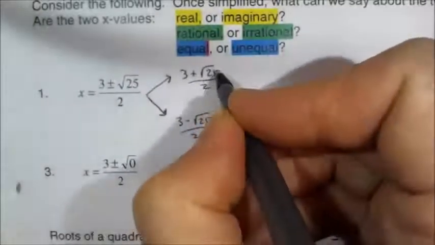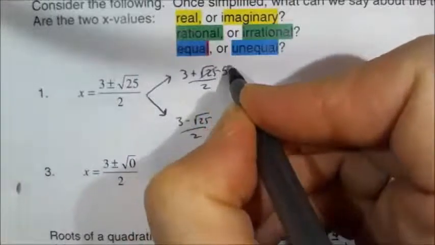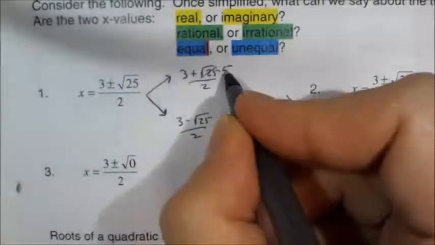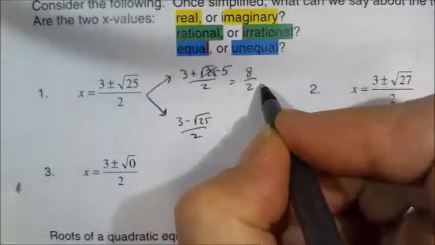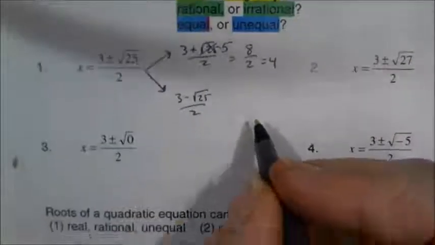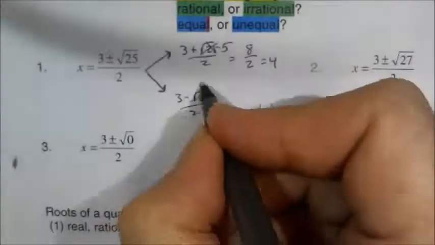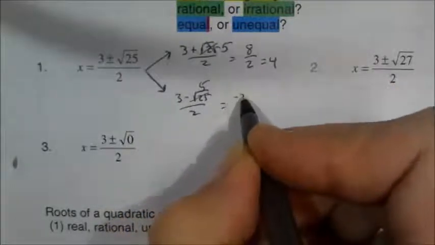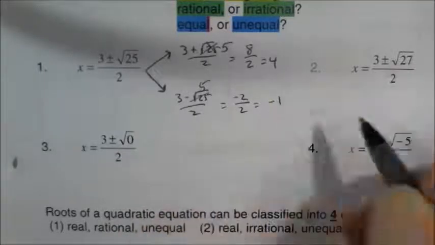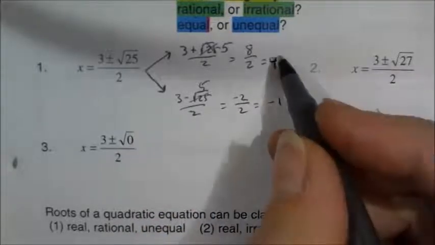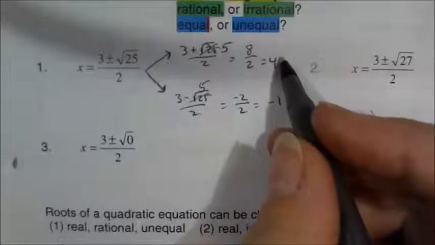Well, the square root of 25 is just 5. So 3 plus 5 is 8, and 8 over 2 is just 4. 3 minus 5 is negative 2, and negative 2 over 2 is just negative 1. So are these two values real or not?